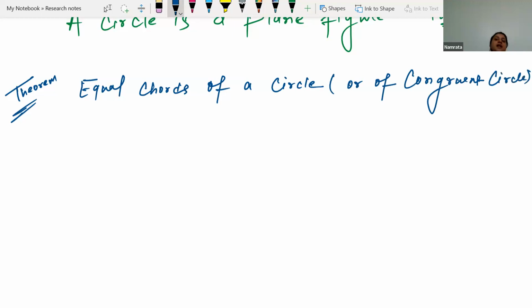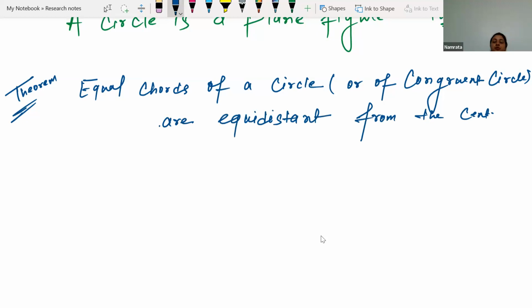Both the circles are exactly the same, that means both have the same radius. So those are called congruent circles. This theorem we are going to prove over here.